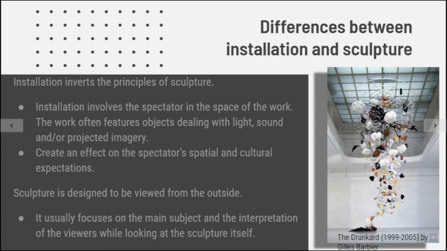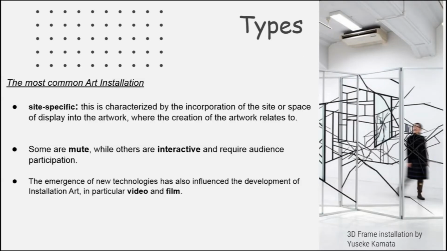It usually focuses on the main subject and the interpretation of the viewer while looking at the sculpture itself. We cannot say that it's the same thing because in an installation, people can get inside the space of the installation.